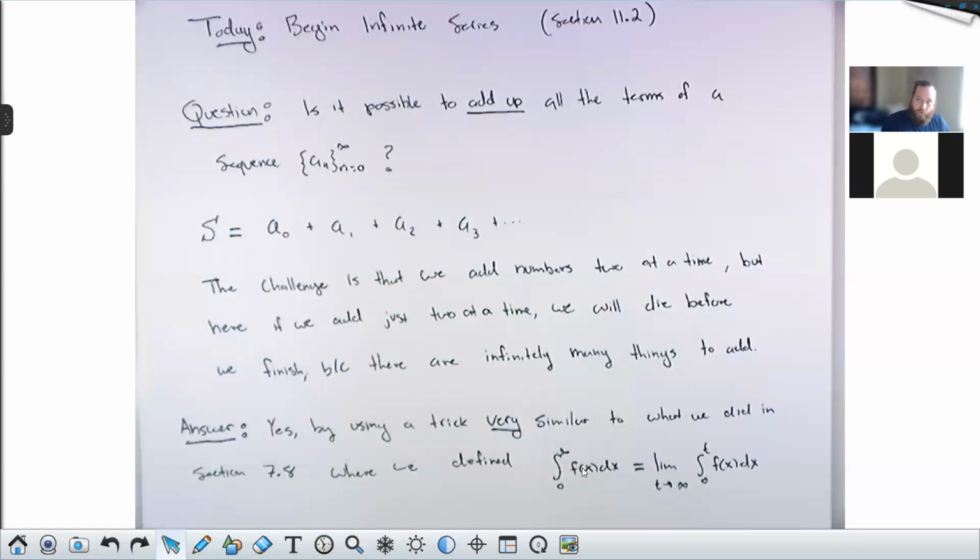The analogous trick for series, among other things, requires a notation similar to the integral notation, but for addition. So the integral symbol here is a stretched out letter S. I don't know if you guys know that, right? We always think of it as just the integral symbol, but it's actually a stretched out letter S, and it stands for the word sum, as in to add up.